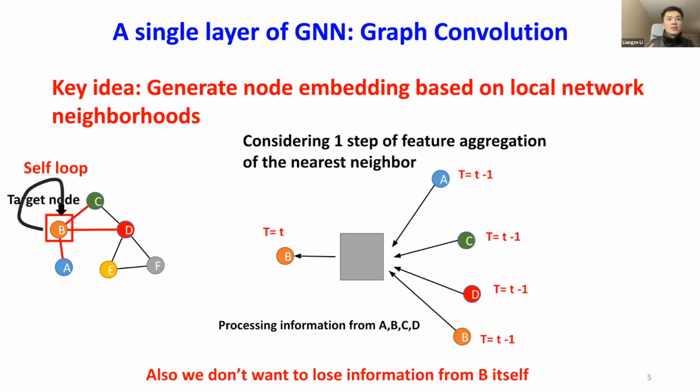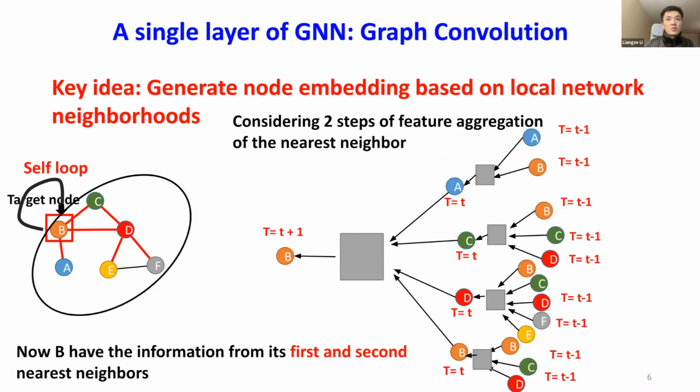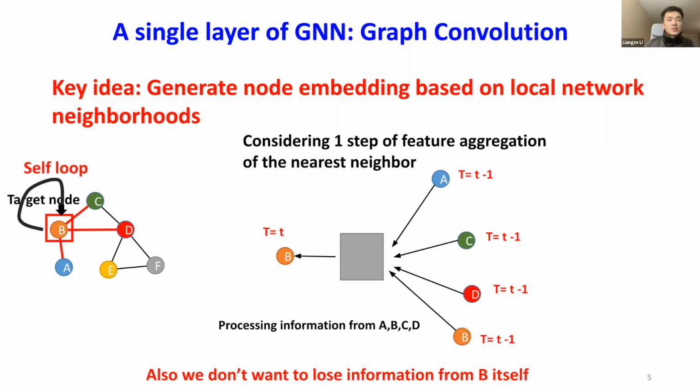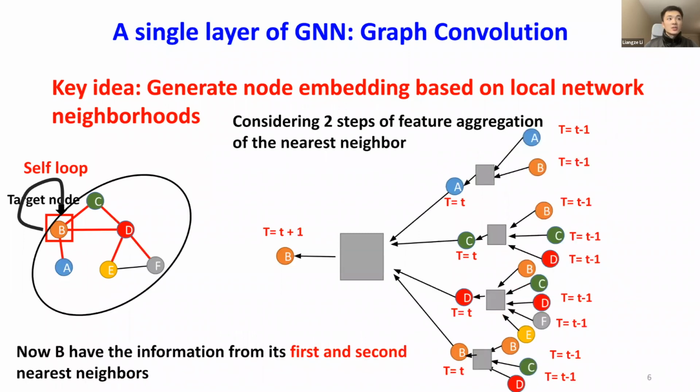we also don't want to lose information from itself. So for these three nodes, we can also use the convolved representation of these three nodes, right? What does A mean? What information does A tell us? A itself is the result of a convolution of, say, its neighbors.